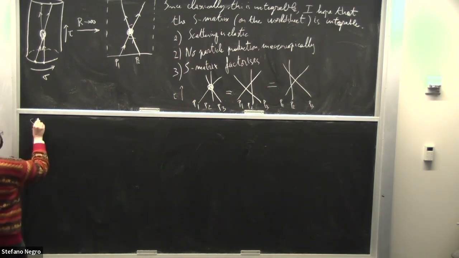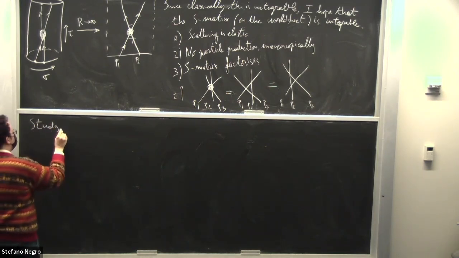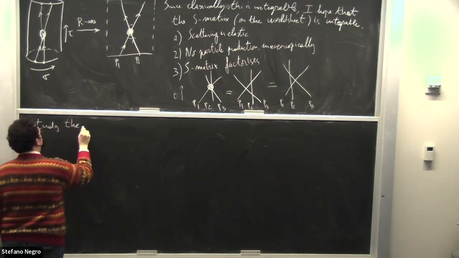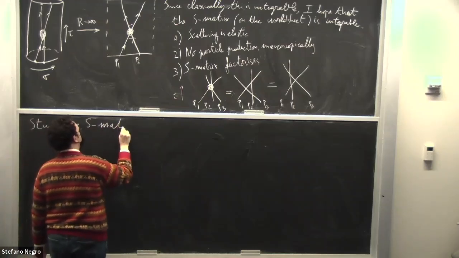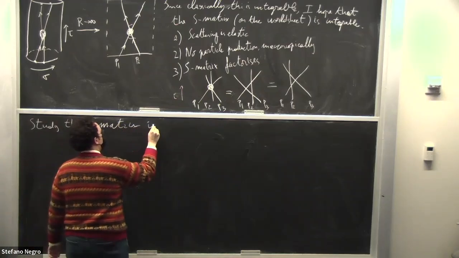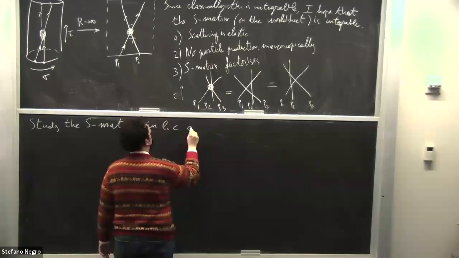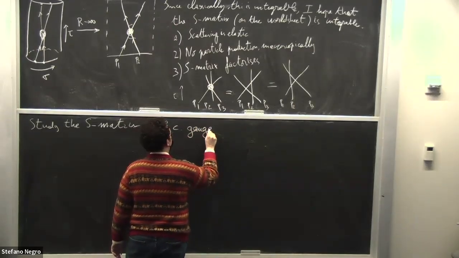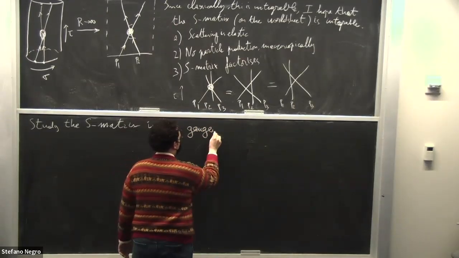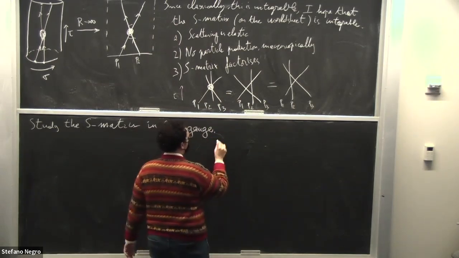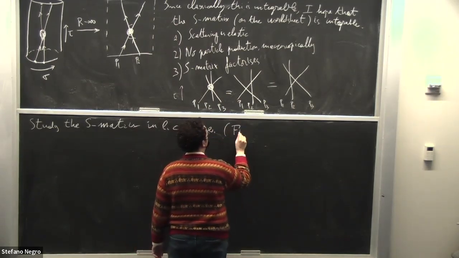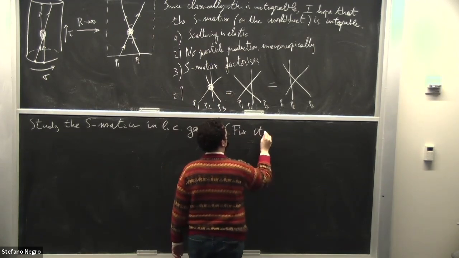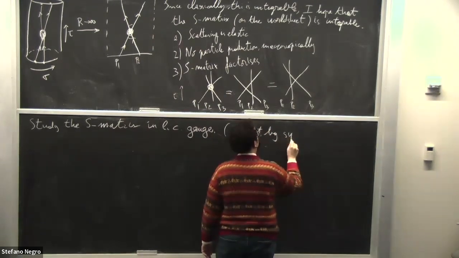So what you do is that you study the S matrix like on each. And you fix it. The strategy is to try to fix it by symmetry.